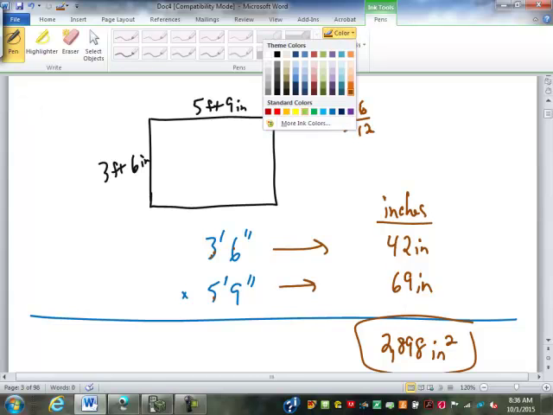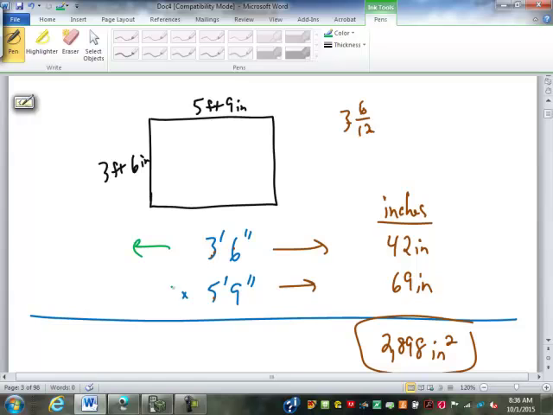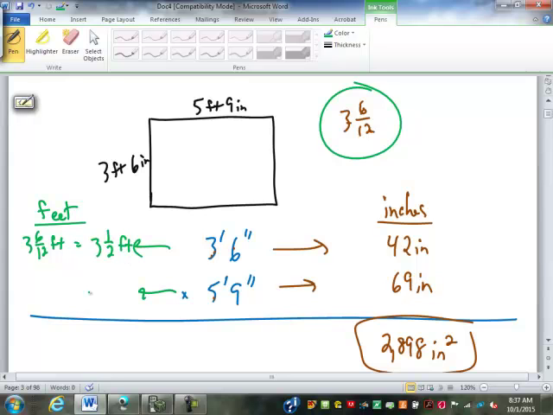Of course, the other alternative would be to convert everything into feet. 3 foot 6, kind of like what we did here. That's 3 and 6/12 feet. Or I'm going to write it as 3.5 feet, reducing that fraction. 5 foot 9 would be 5 and 9/12 feet, which reduces to 5 and 3/4.